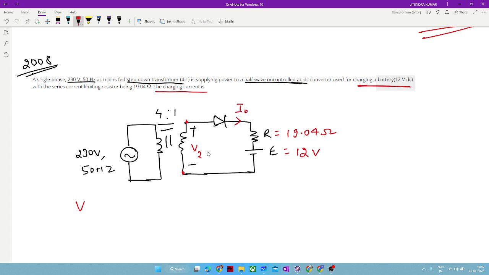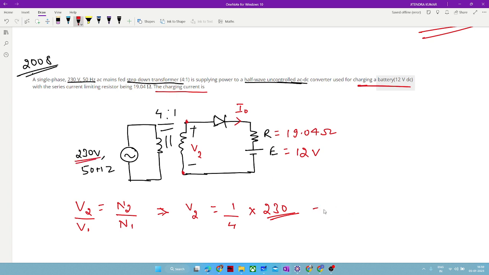The first task is to compute your V2, which will be computed with the help of the turns ratio. V2 by V1 is equal to N2 by N1. Now if you plug in all the values, N2 by N1 is 1 by 4, into 230. And this 230 is the RMS value of the sinusoidal component.